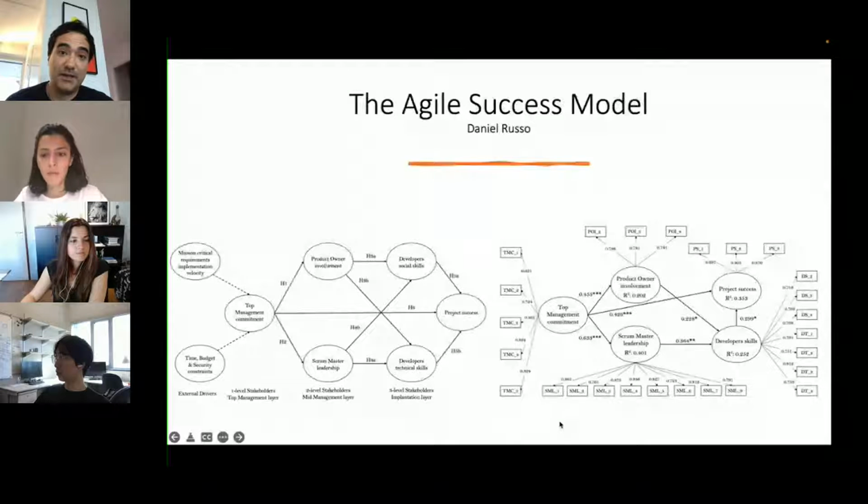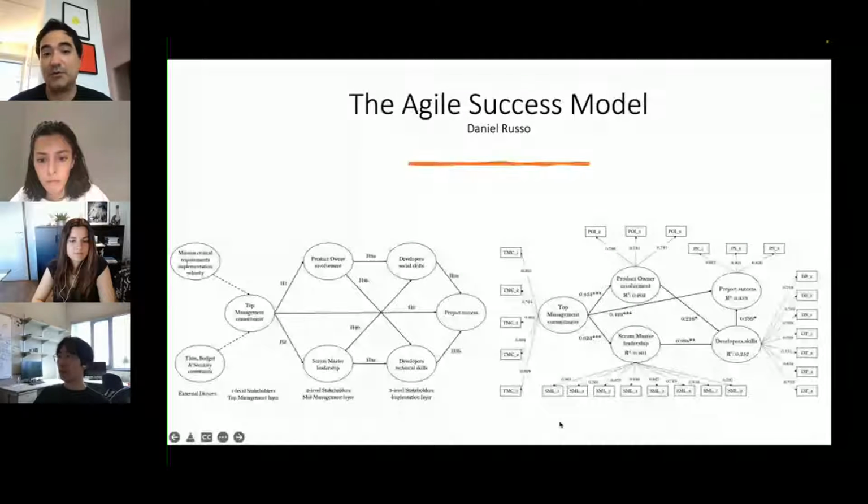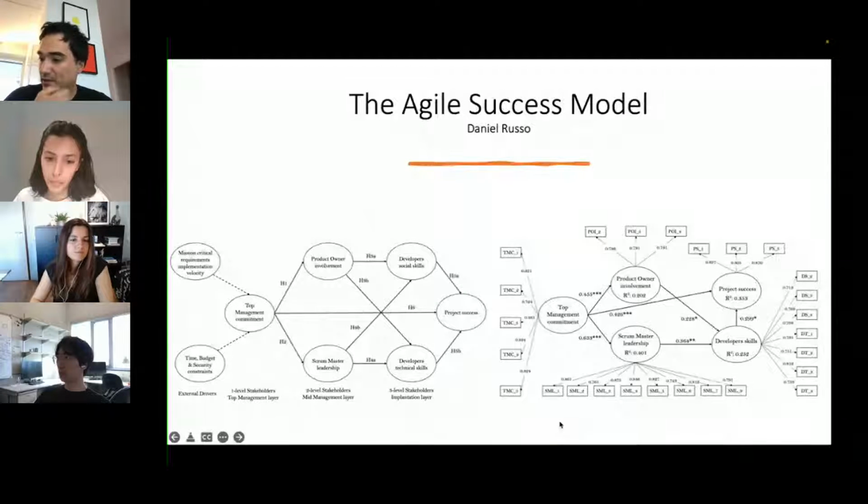With this model, I wanted to show and illustrate what are the key actors during an agile transformation, and how their relations affect eventually project success.